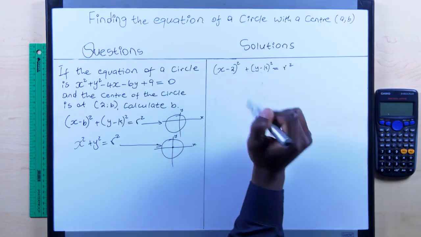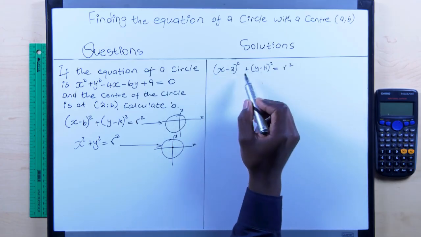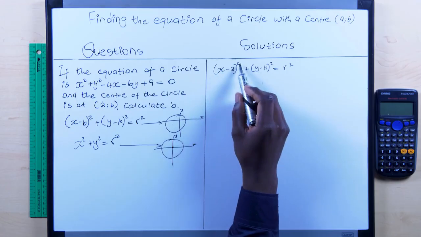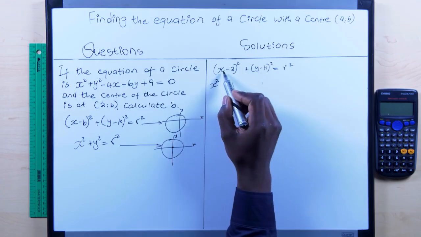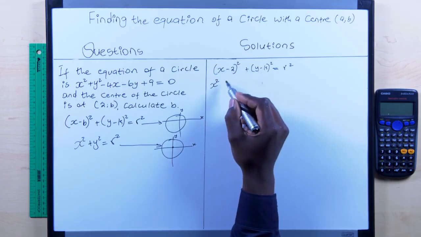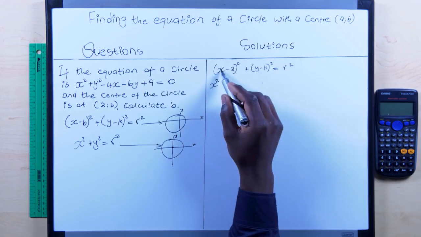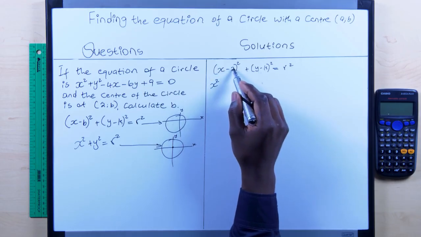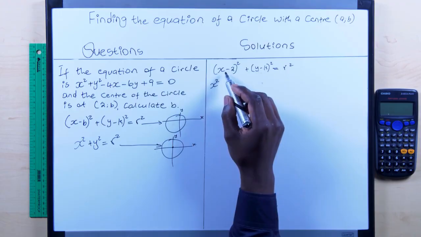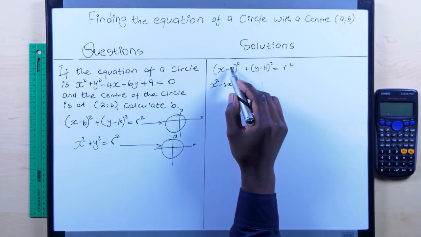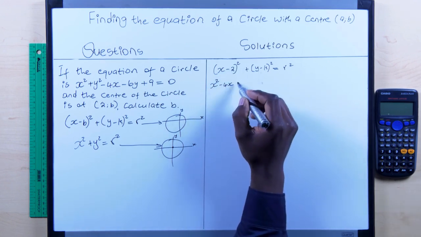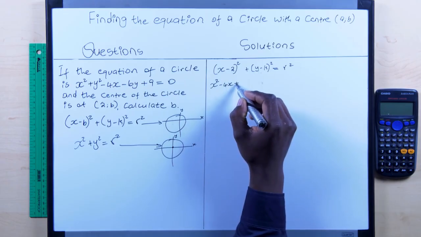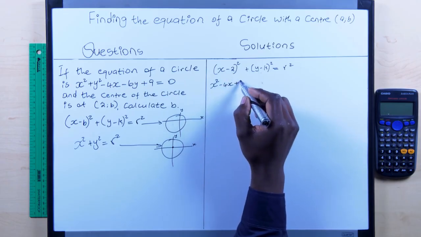What else do we need? 2 brackets. So what does it mean? It means that you're going to have x squared, and then x times negative 2, negative 2x. Again, negative 2 times x, negative 2x again. So which gives you negative 4x. You might need to expand this to see what I mean, but that's the answer. And then plus 4.